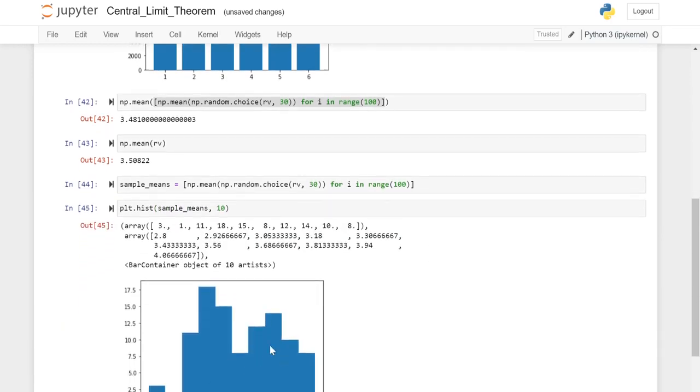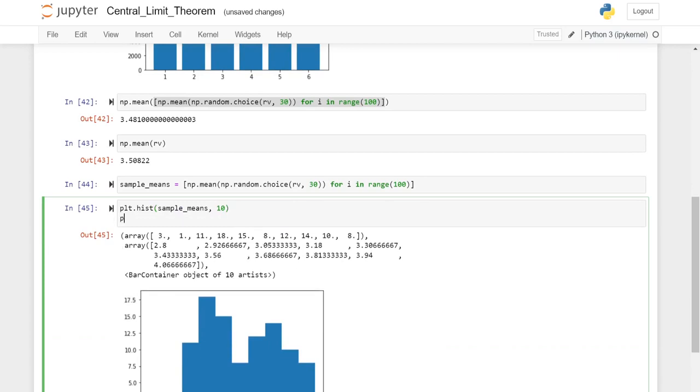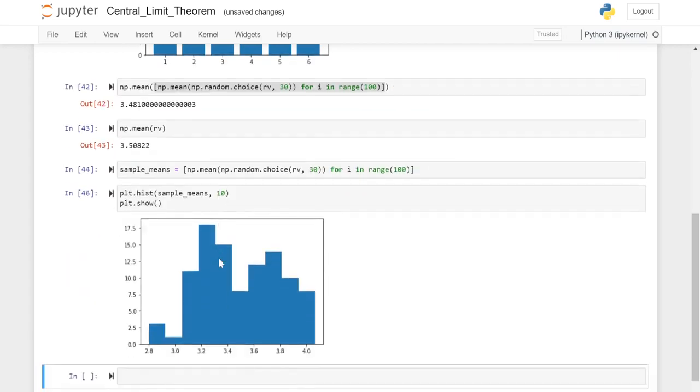See, this is how it is. Let us write plt.show. It is expected to take the shape of a bell curve. Normal distribution will look like a bell curve.